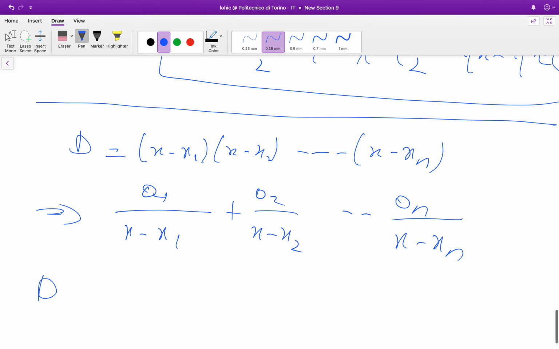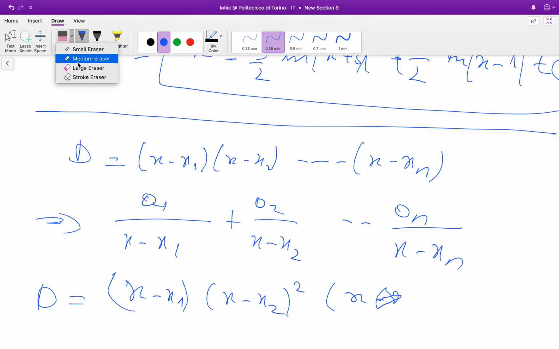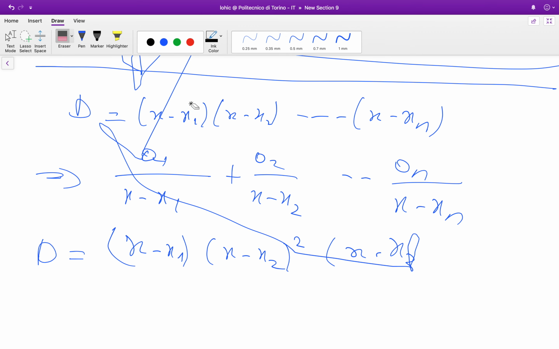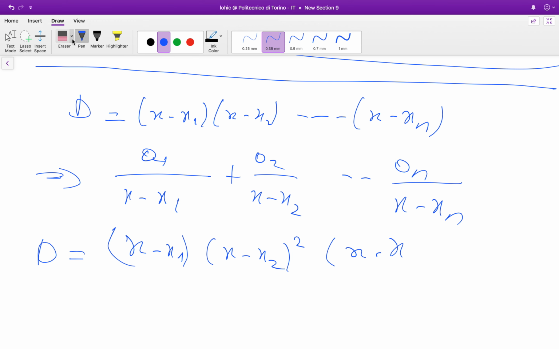Second case, maybe your denominator gives you (x - x1), which comes once, then (x - x2) squared, then (x - x3).